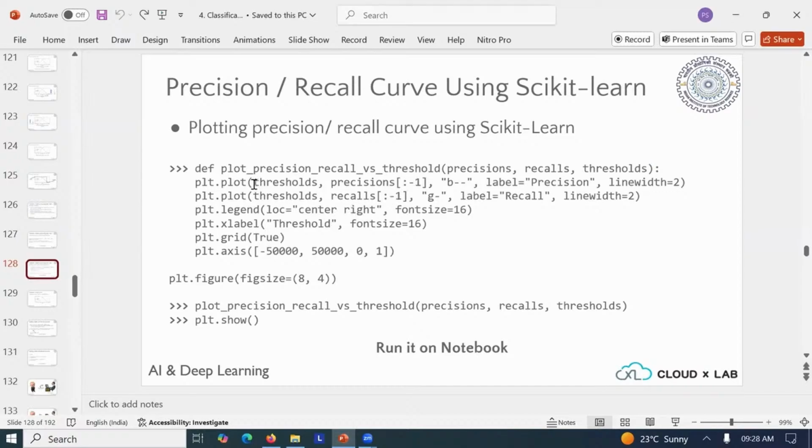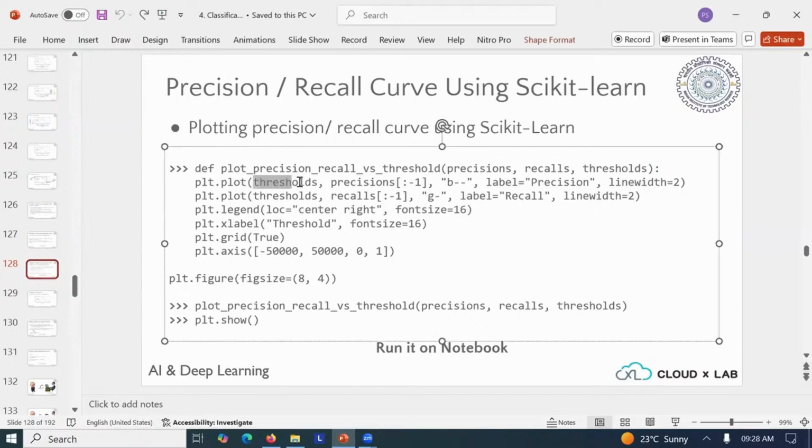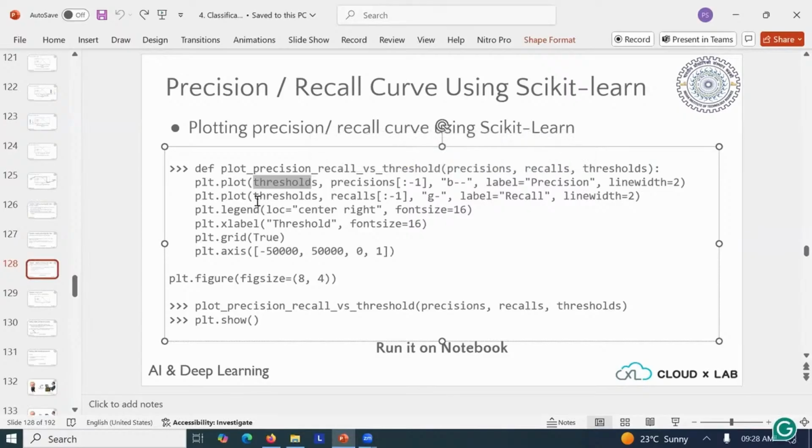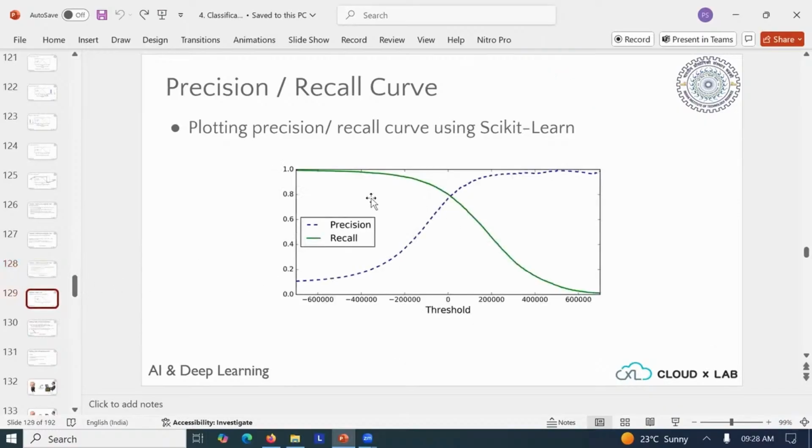Okay. So on the x-axis we are using threshold. On the y-axis we want to plot precision. Similarly, in the same figure, we also want to plot recall. So here we are writing threshold comma recall, right? So we will get this plot finally.